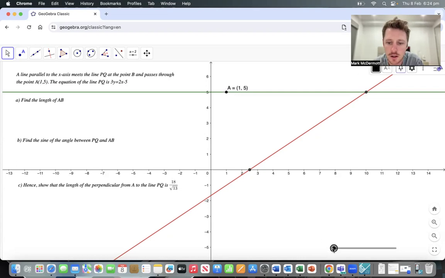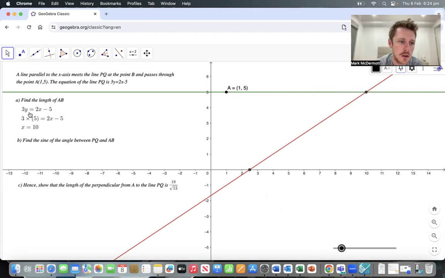Now, what the question says is find the length of AB. At the moment, if we knew that coordinate, it'd be very easy. But algebraically, if we didn't have this diagram, we'd have to think about it. We know that at B, the y value is going to be 5 because there's a horizontal line there.